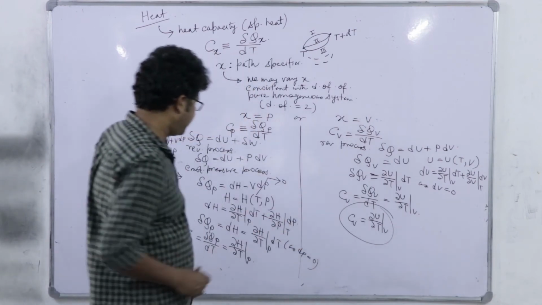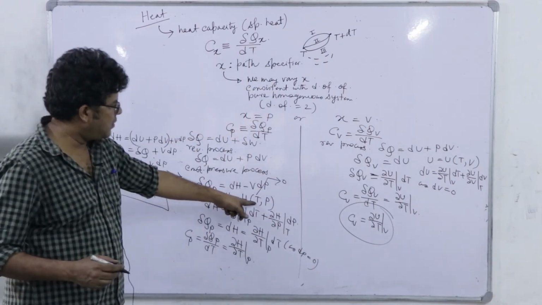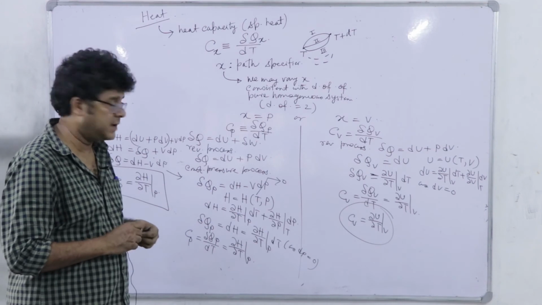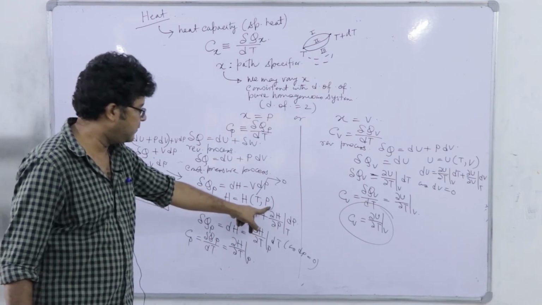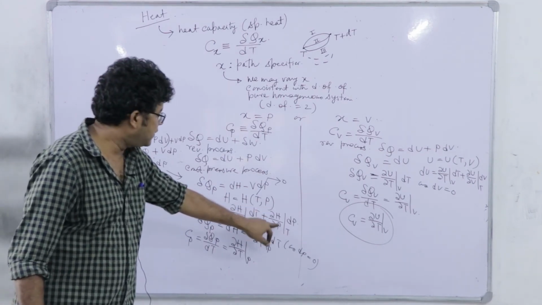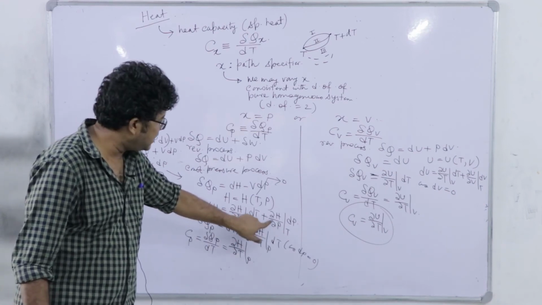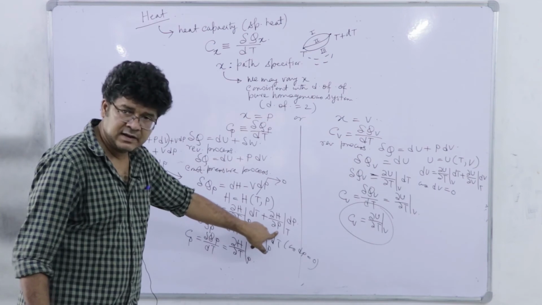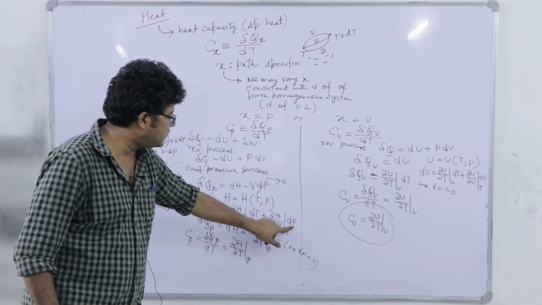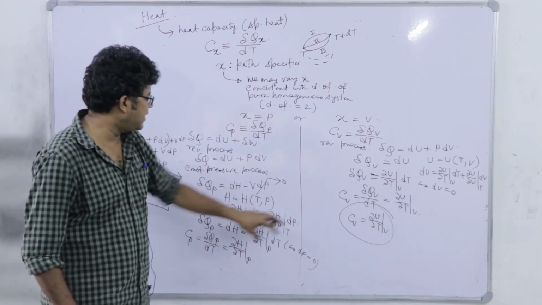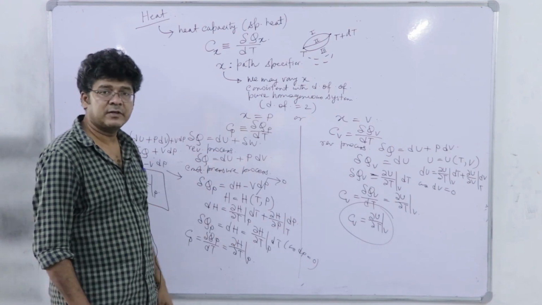So you see that if I had chosen H as a function of temperature and volume, I would get (∂H/∂T) at constant V plus (∂H/∂V) at constant T dV, but we cannot set dV equal to 0 because this is a constant pressure process.